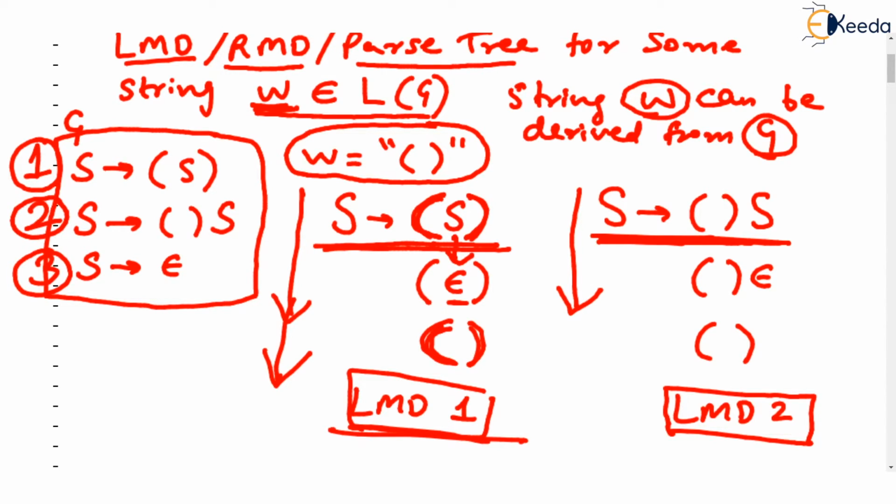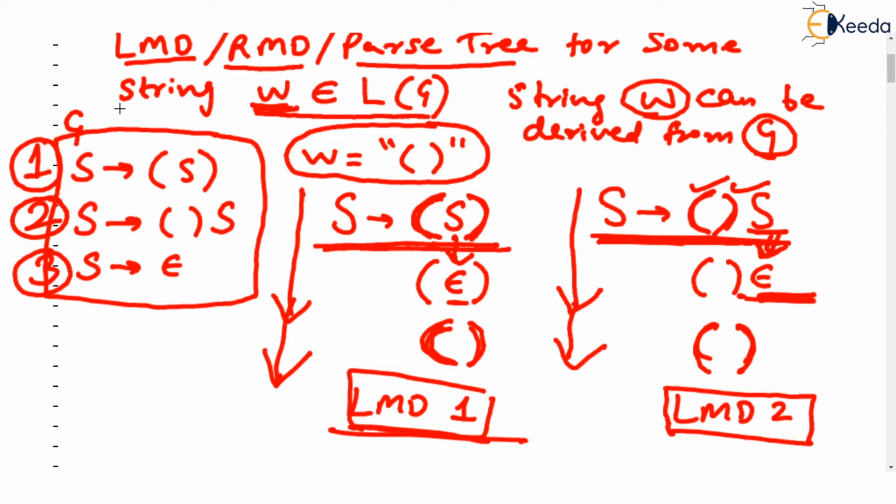But that's it, we have got this open bracket and close bracket. Notice, this S can now be replaced with epsilon using the third production that we very well have, isn't it? So we have got our open bracket and close bracket string, and this is also a valid derivation.